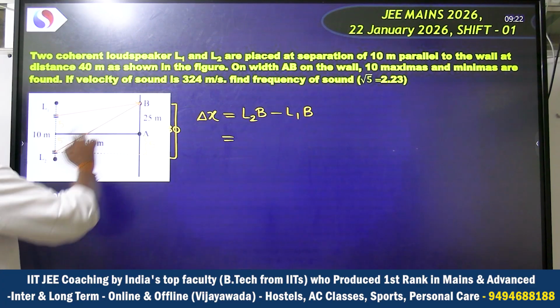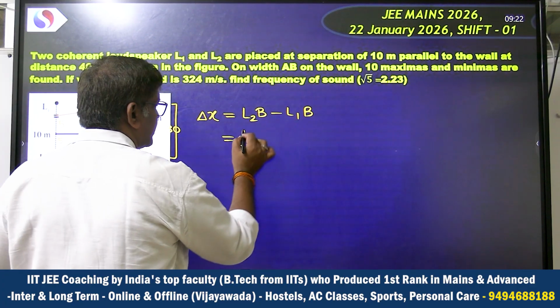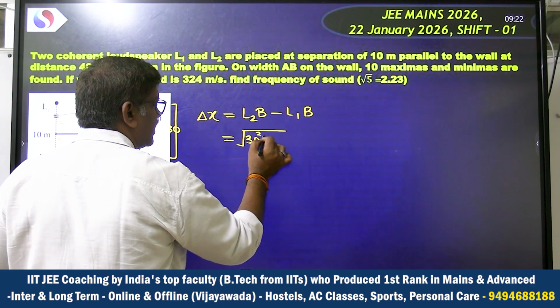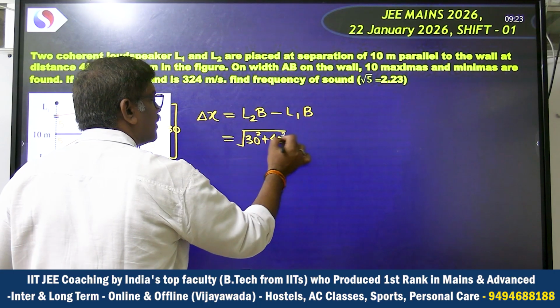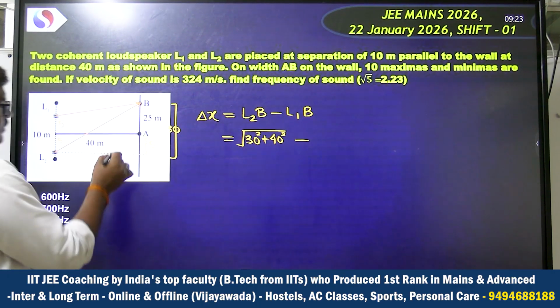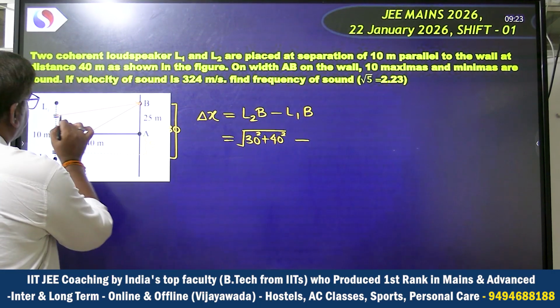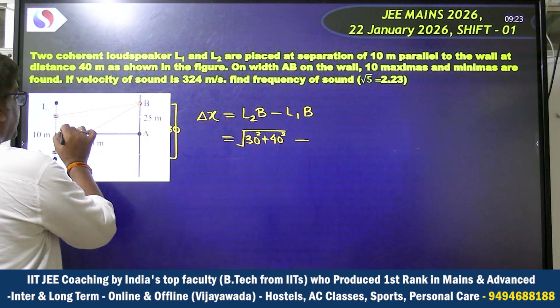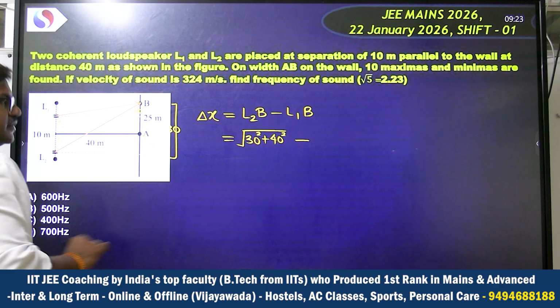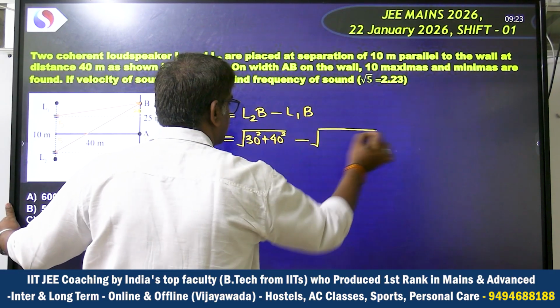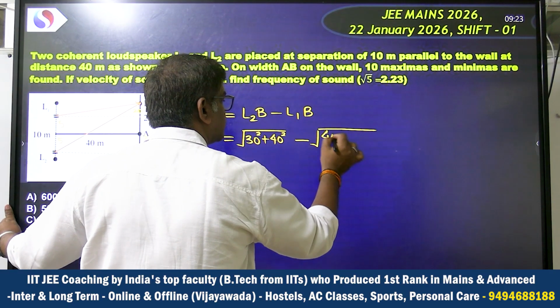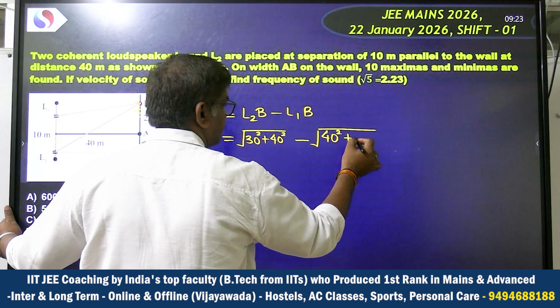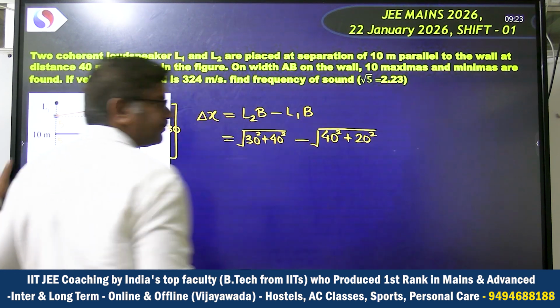To find this distance L2B, you can directly say it is the square root of 30 square plus 40 square, that means 50. And for L1B, this distance is 25 minus 5, which is 20. That means for L1B, you use 40 square as the base and 20 square as the perpendicular.